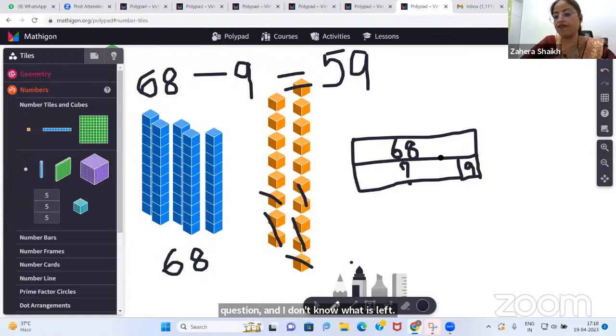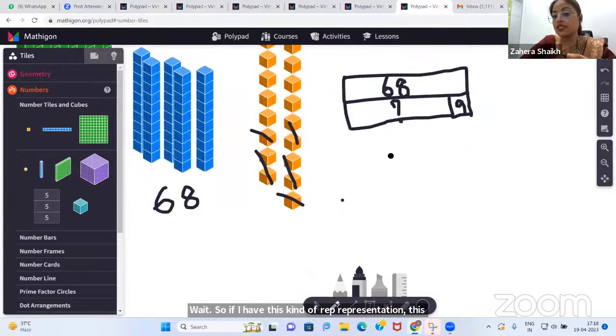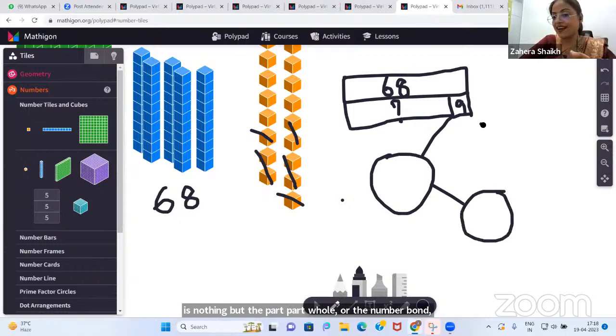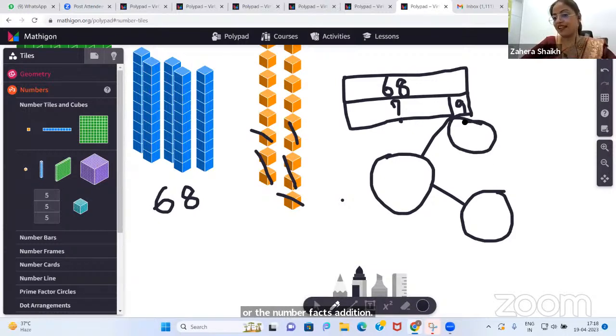So if I have this kind of representation, this is nothing but the part-whole or the number bond, the number facts, the addition facts the child has learned in their previous classes.